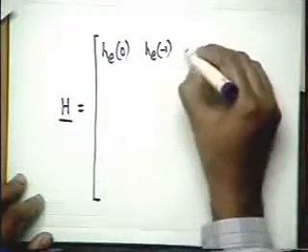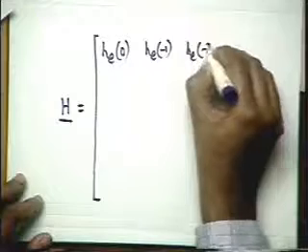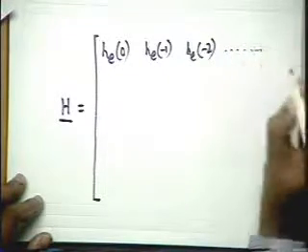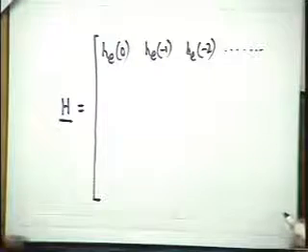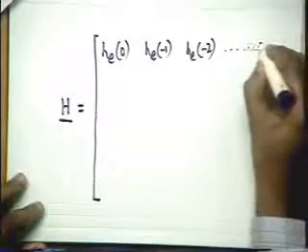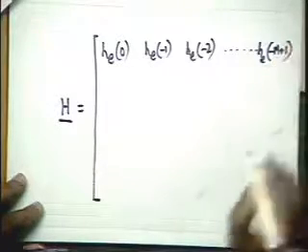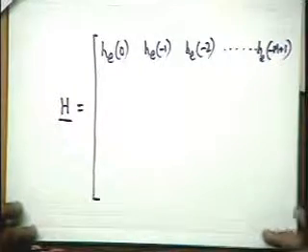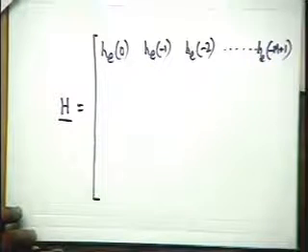What is the next element? HE minus 2. And what is going to be the last element of this row? HE of minus capital M plus 1. Very good. We will come to that.